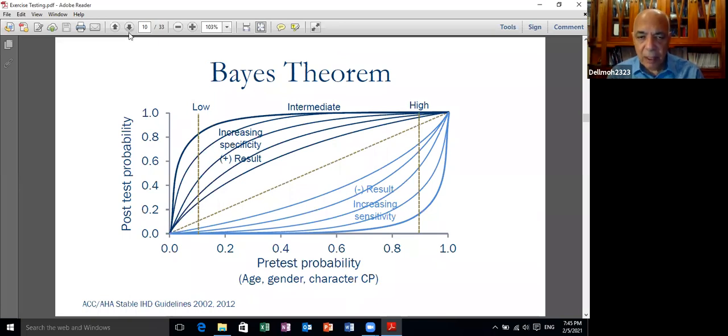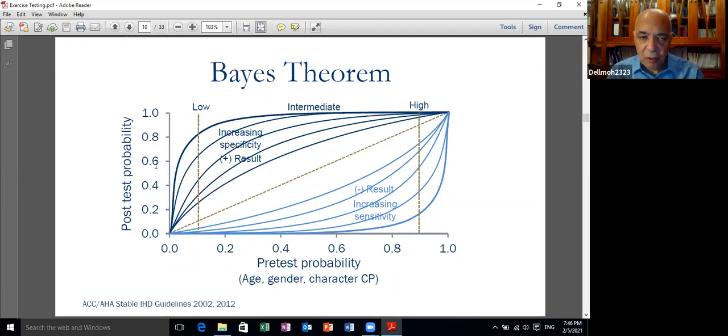The Bayes theory is a probability, because the test doesn't tell you whether the patient has ischemia or not. It just shifts the probability between low probability of ischemia or high probability of ischemia. The test is far from being accurate, as I will show you, but it has a special utilization, and it's important to understand the theory behind its utilization.